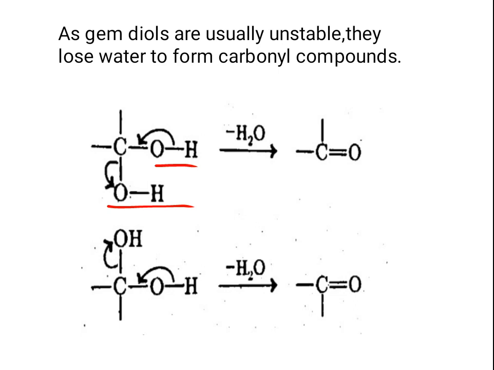So don't be confused with these two terms. Now this hydrogen will form this bond here, and this OH will leave. Actually this OH and this H will make 1 molecule of water.